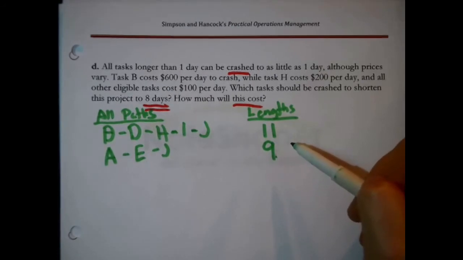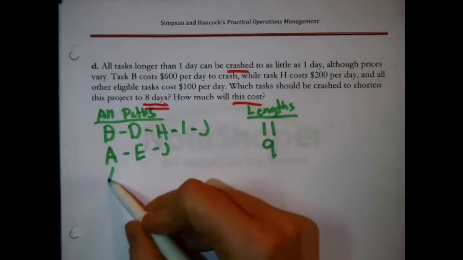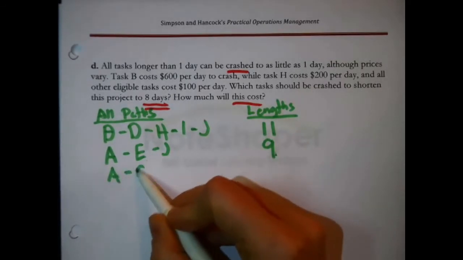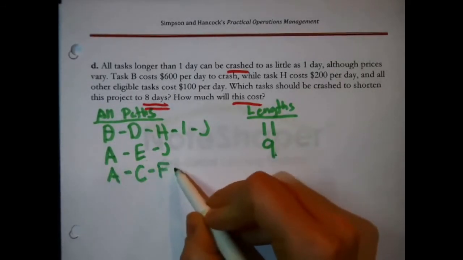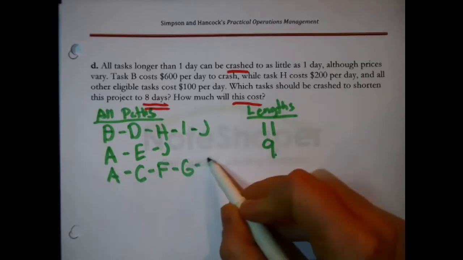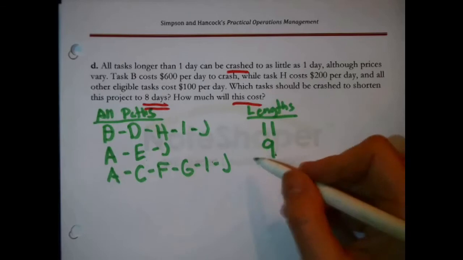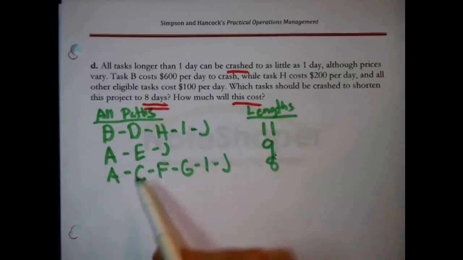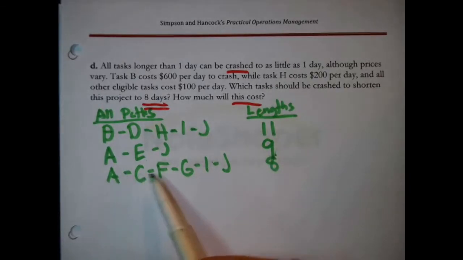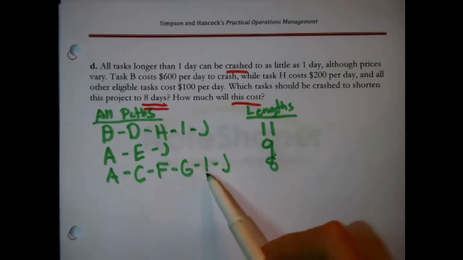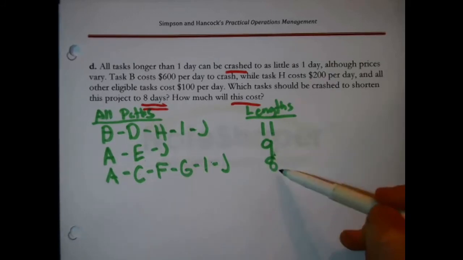Okay, then who else? Well, here's another path, from A to C to F to G to I to J. For that path, I added up 1 plus 2 plus 1 plus 2 plus 1 plus 1 and got 8 days long.